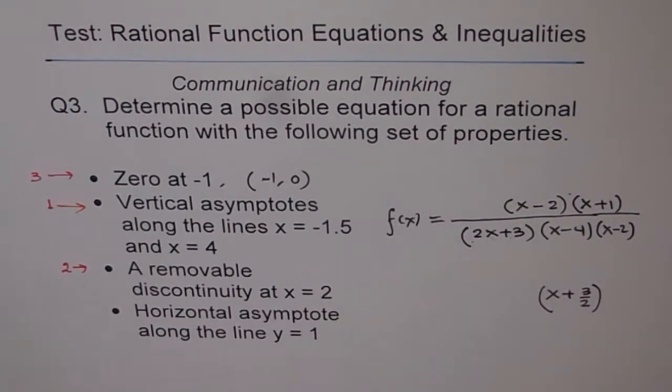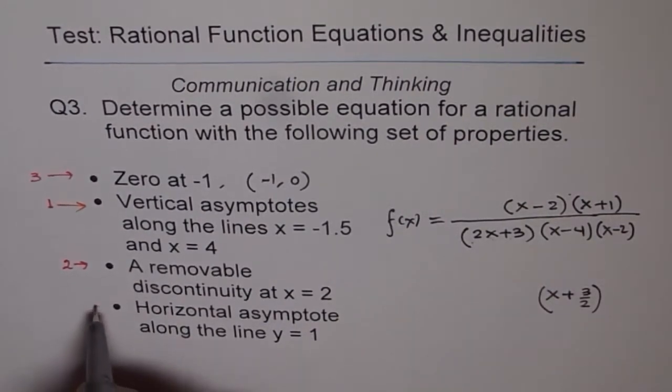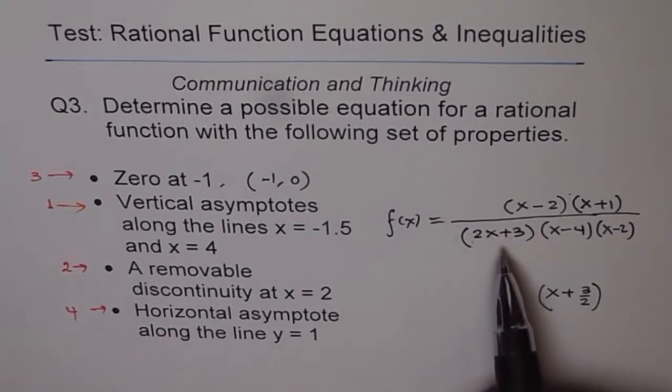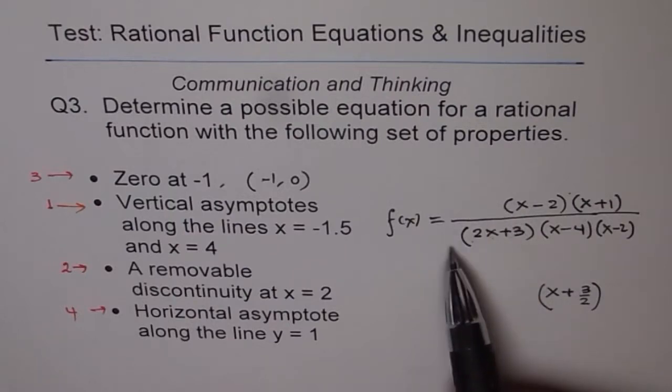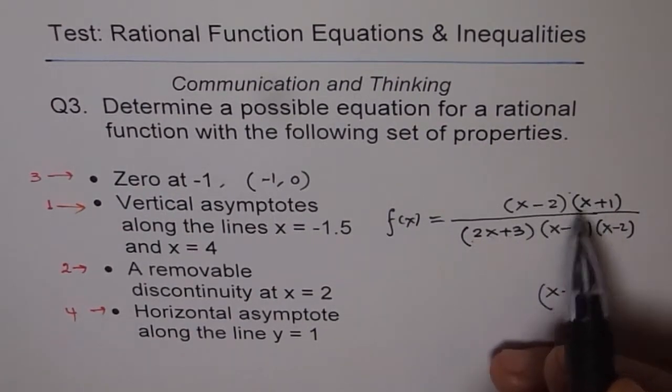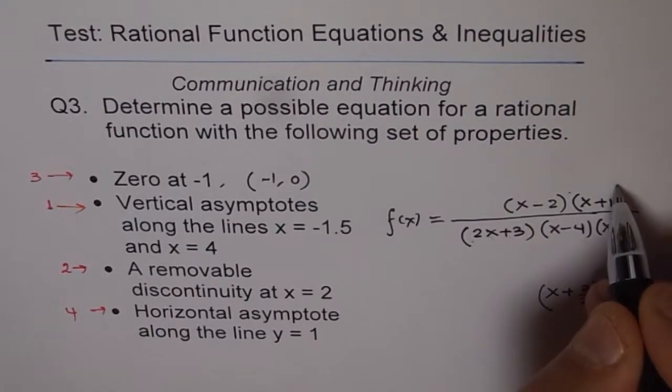Now let's get back to the fourth, the last part, which says horizontal asymptote along the line y equals 1. The horizontal asymptote can be 1 if the degree is the same for both numerator and denominator and the leading coefficients are the same. But we have different degrees here, 2 and 3. So let's square it.